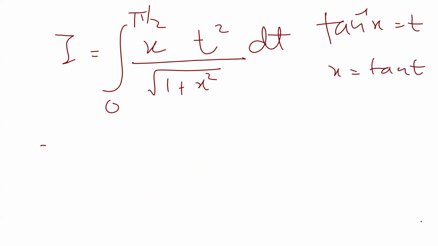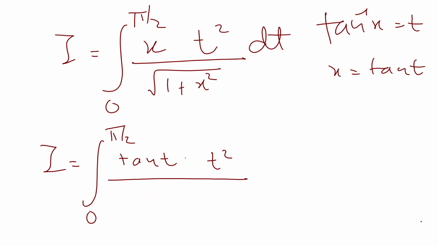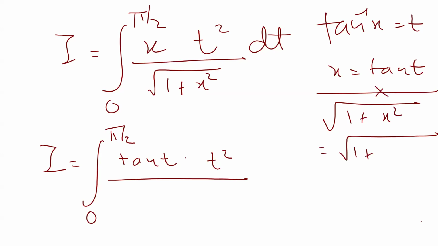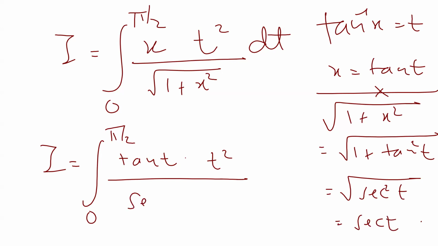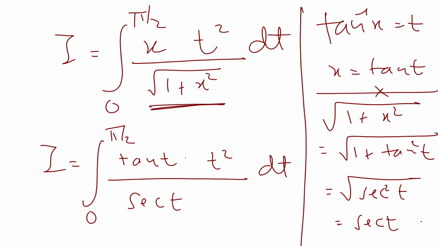Integration from 0 to pi by 2, x is tan t. Whenever t comes into the picture, we cannot keep x, right? So root of 1 plus x square also changes to root of 1 plus tan square t, which is the root of sec square t, which is sec t.